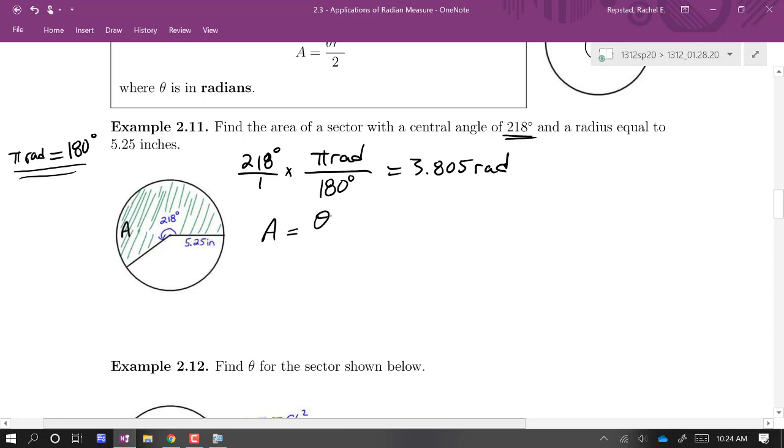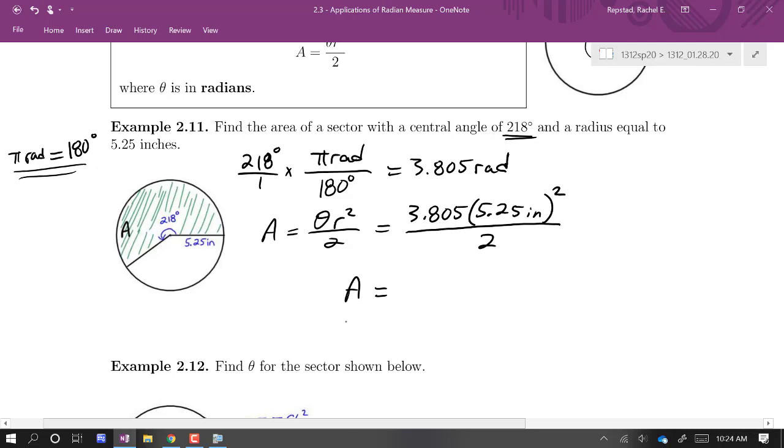So the formula is theta r squared over 2. So this is 3.805 times 5.25 squared over 2. What are the units that we're going to use? Yep, square inches. The radians are dimensionless, so I even left them off.